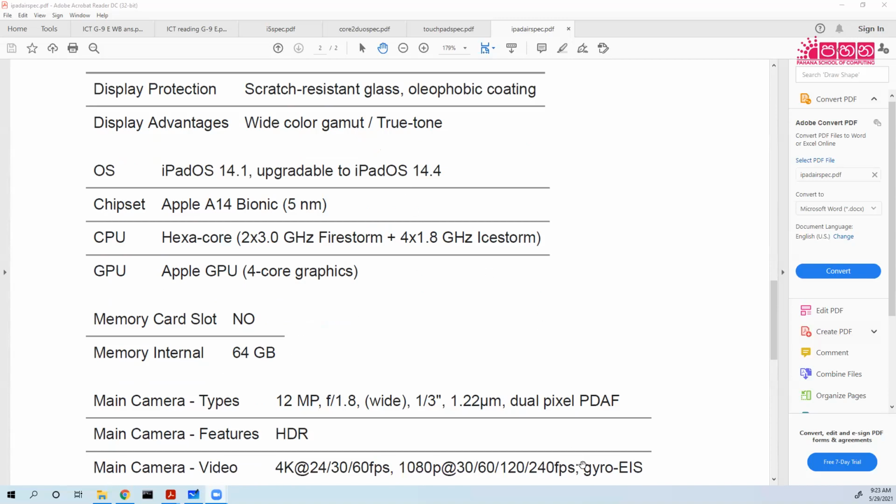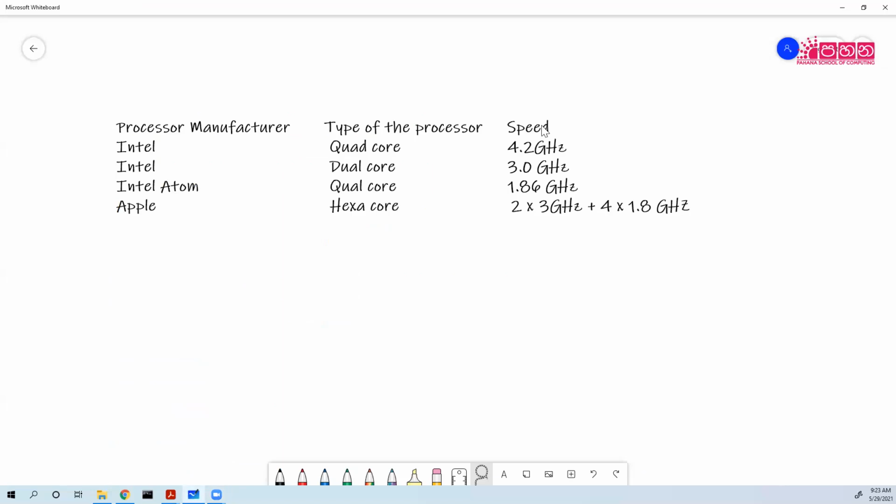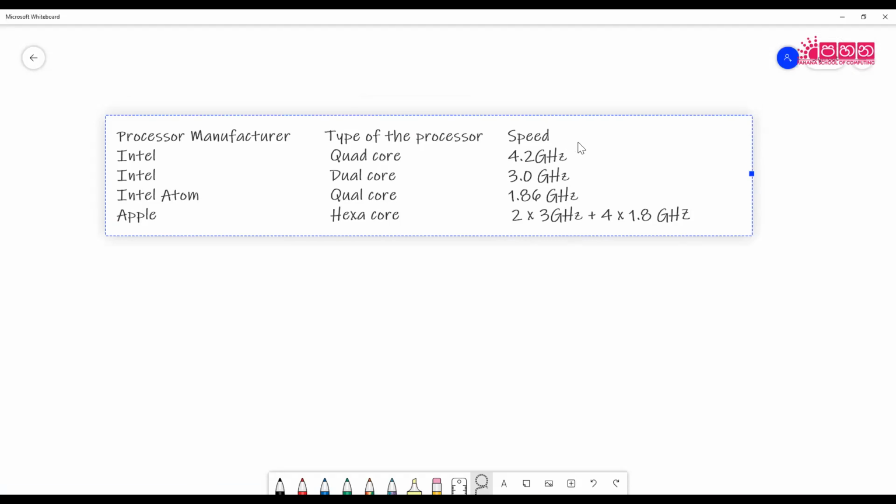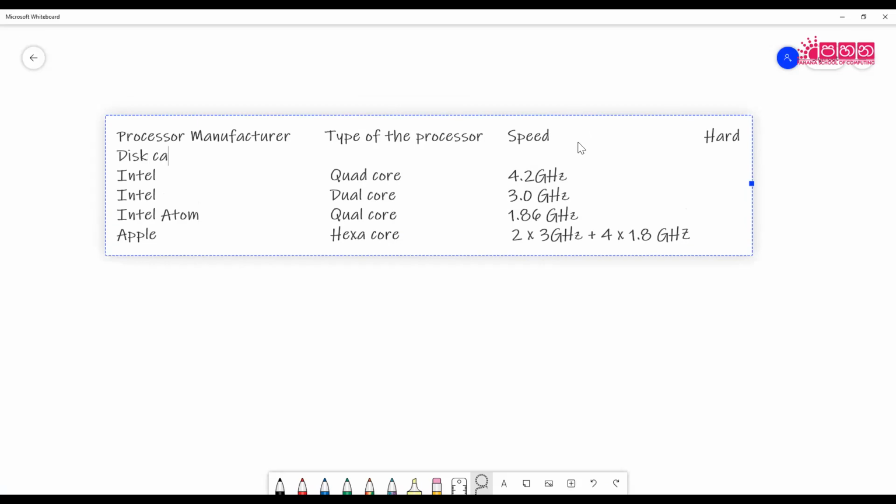Right. Now I think we'll take down these details with the previous one. So let me go back, right? So far we have taken down the speed details, the processor speed, in hard disk capacity. Let's take down this one as well.